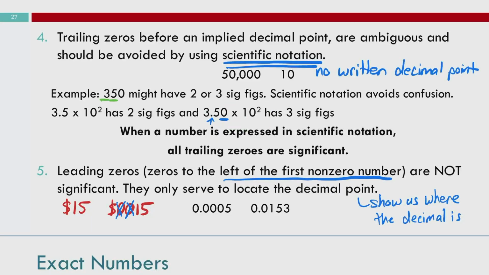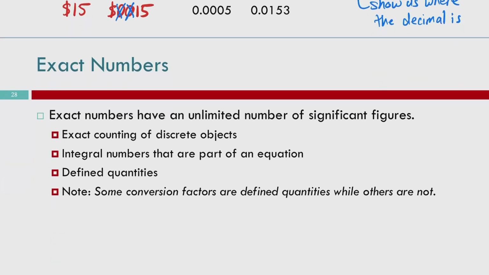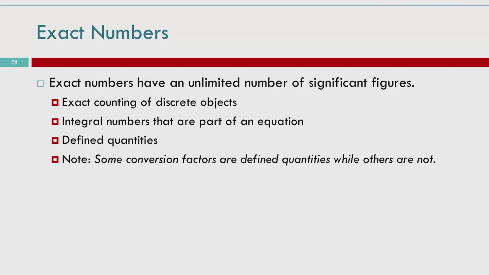So this is all applying to things that aren't exact numbers, things where we have to make some sort of a measurement. Exact numbers are things like our nickels from earlier. The way that we think about them is that they have an unlimited number of significant figures.